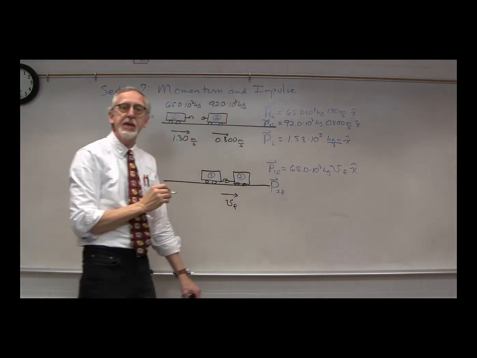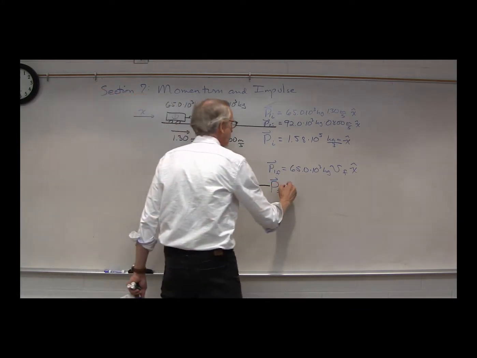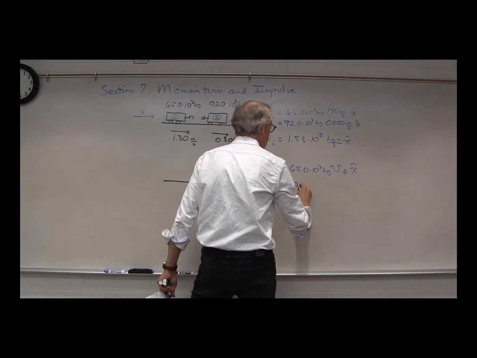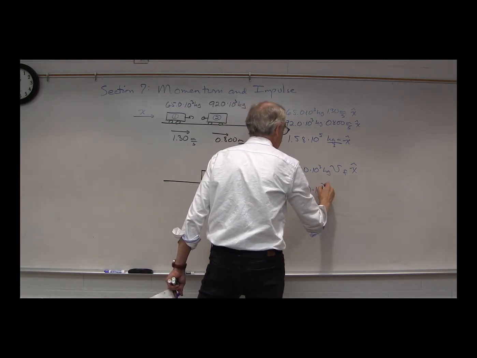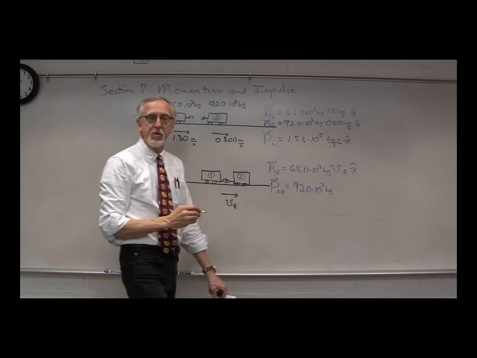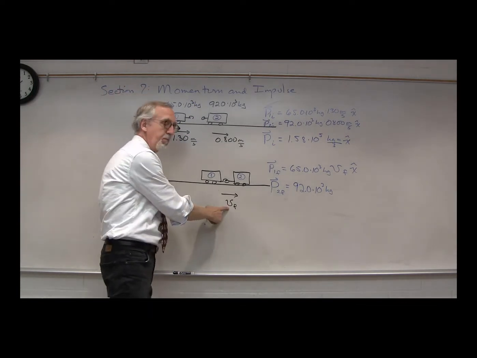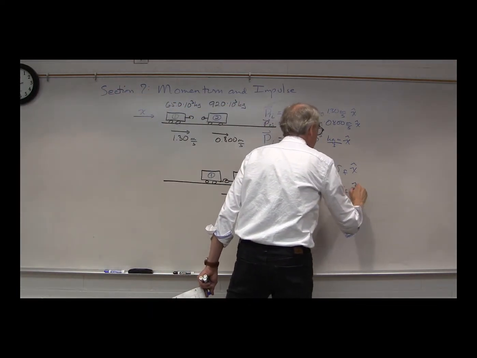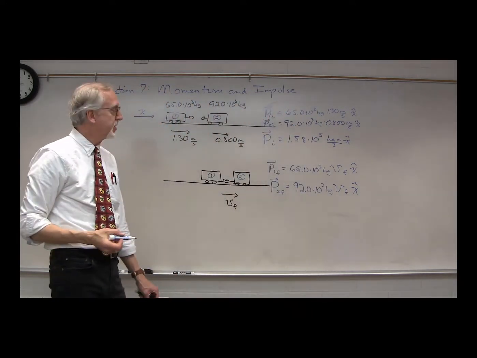And what is P2 final? That's going to be the mass of train car 2, 92 times 10 to the 3 kilograms, times V final, and again, in the x hat direction.